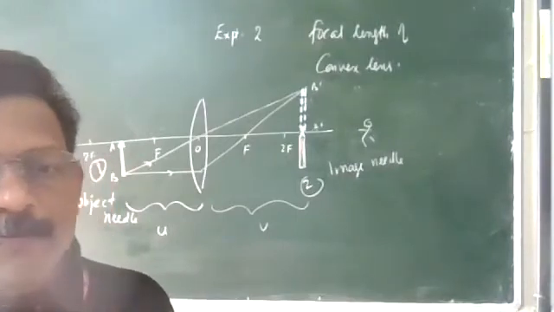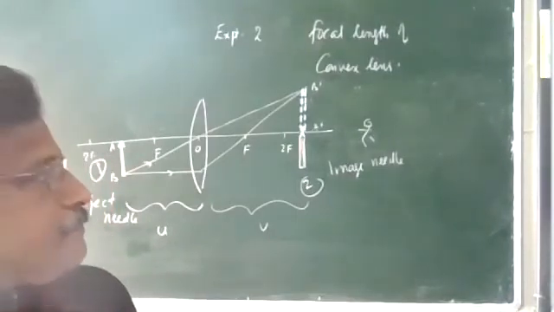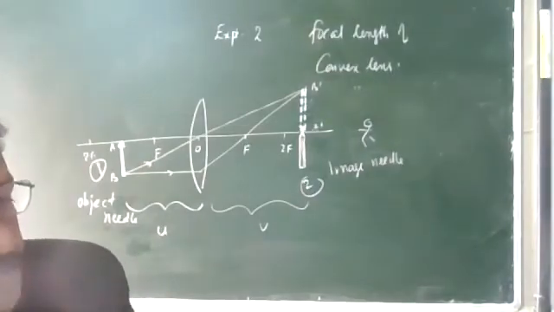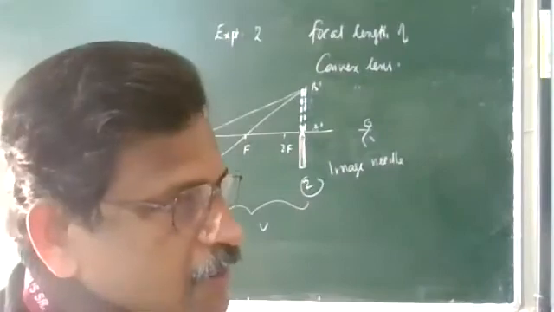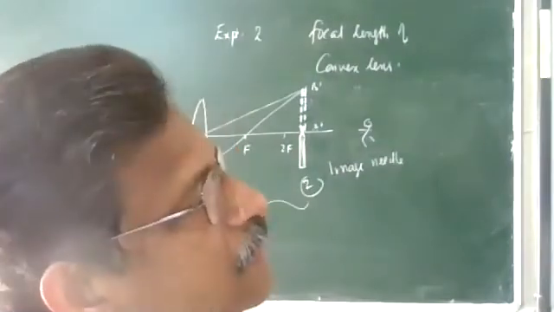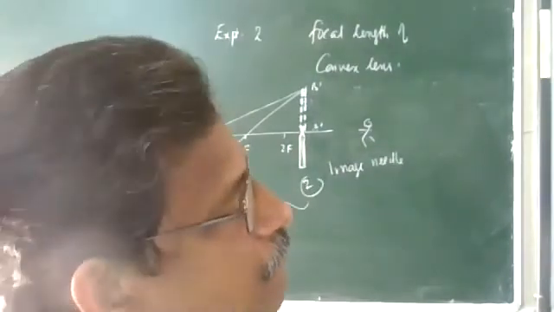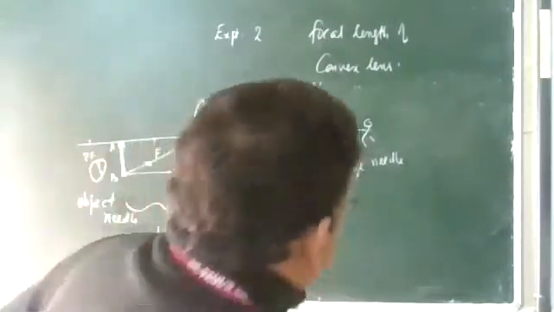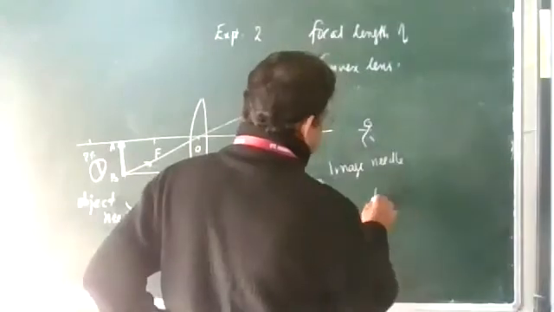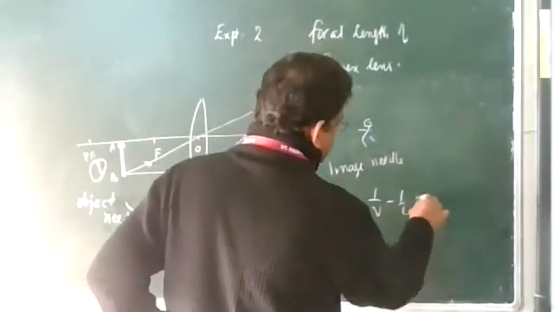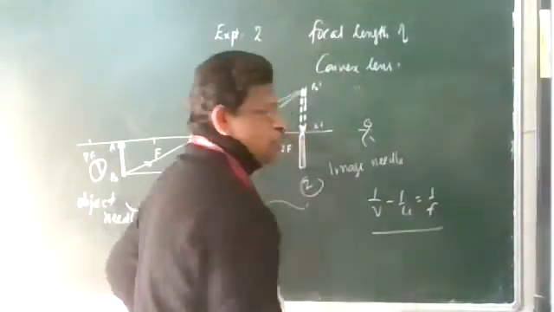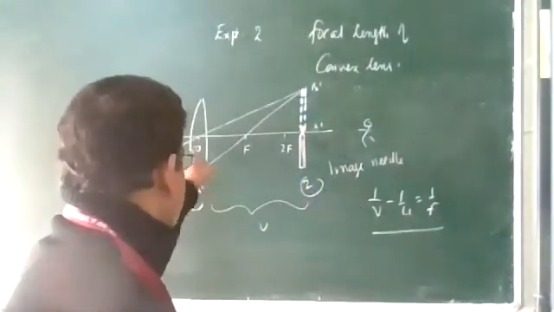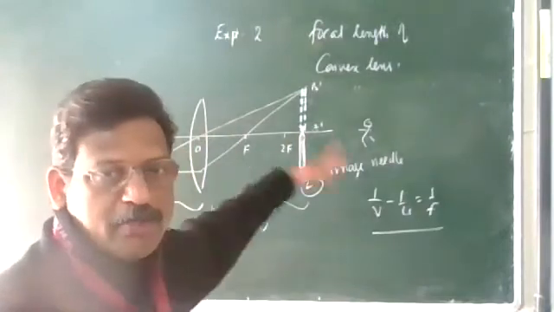What is the lens formula? 1 upon V minus 1 upon U is equal to 1 upon F. So U and V, we calculate from the difference between these values: optic center to the object, optic center to the image.